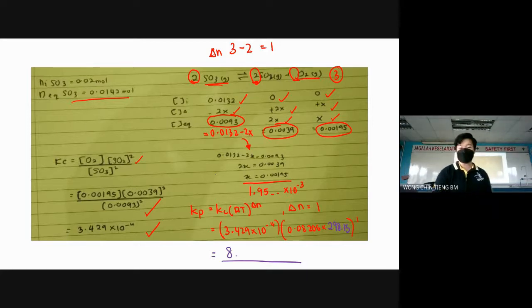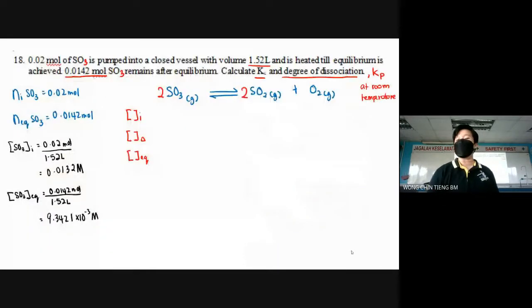Times 10 to the power negative 3. Boleh. Sebab X kamu titik perpuluhan yang berbeza. Boleh lah. Okay, tak apa. Okay, get it? Delta n is 1. And why the temperature is 298 Kelvin? Because I stated my Kp is at room temperature. So 298.15. Betul? Because it's 25 degrees Celsius.